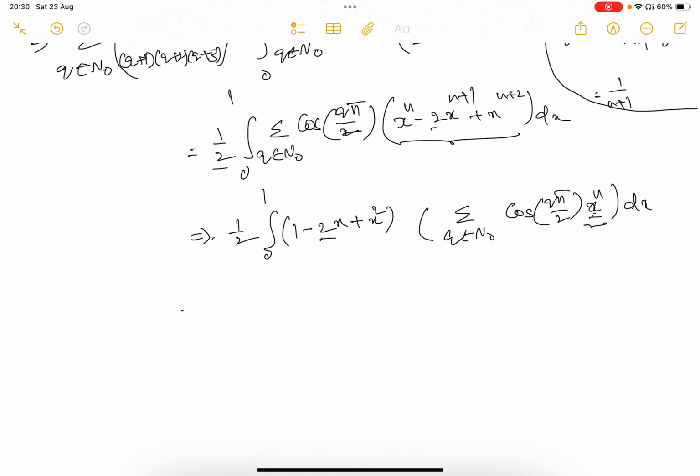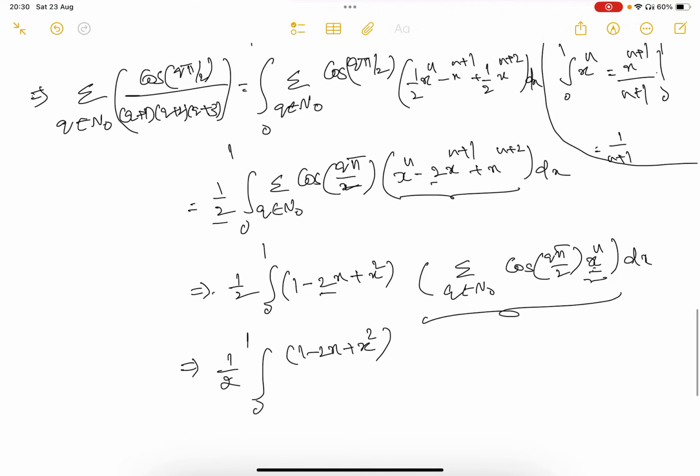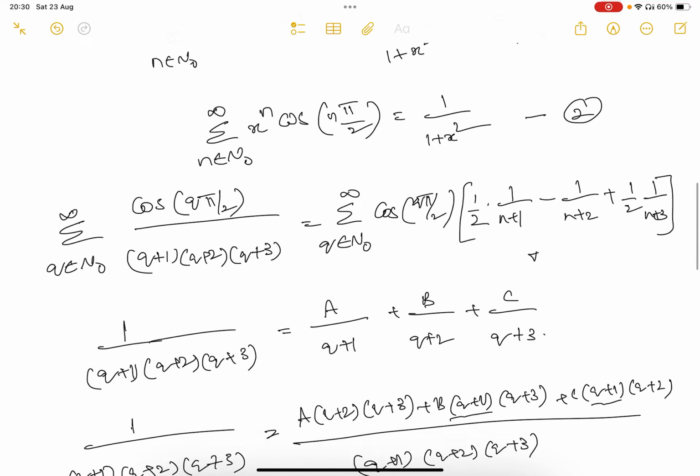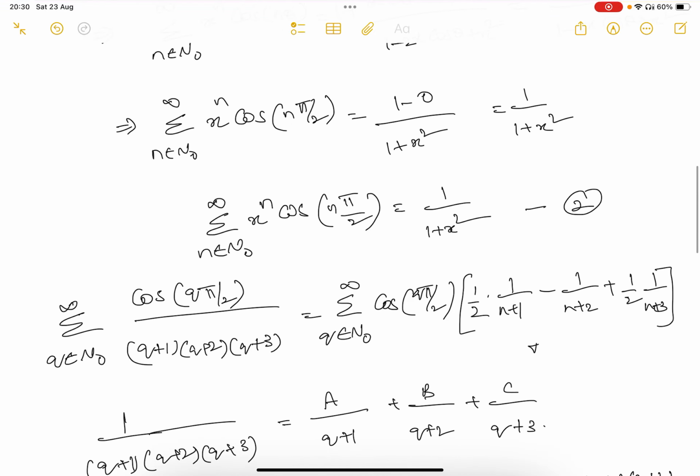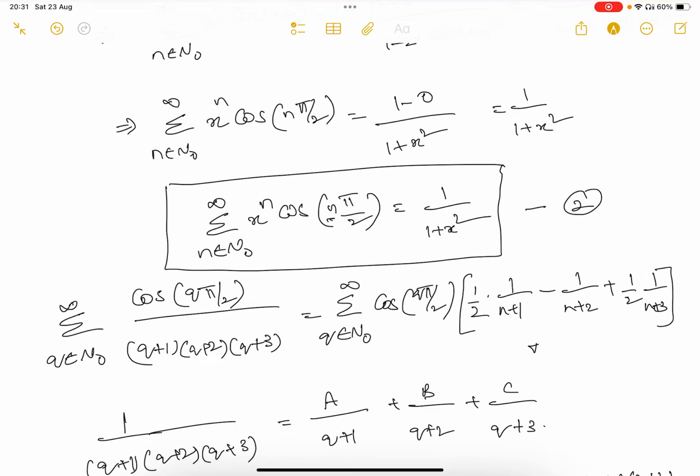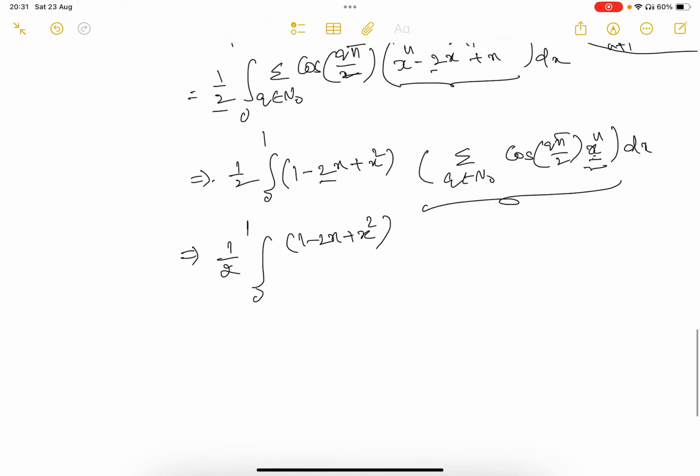Then let's simplify more. This will be half into, we have calculated this value, right? Let's write it down this first. 1 minus 2x plus x square. As you can see, the q value is n here, right?